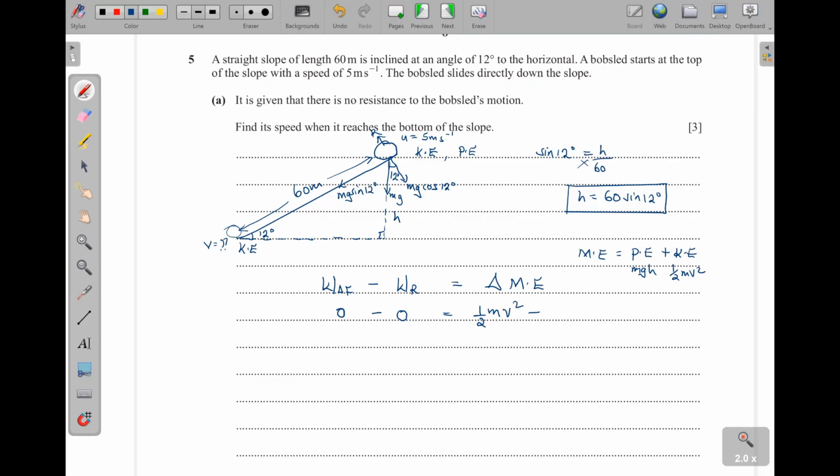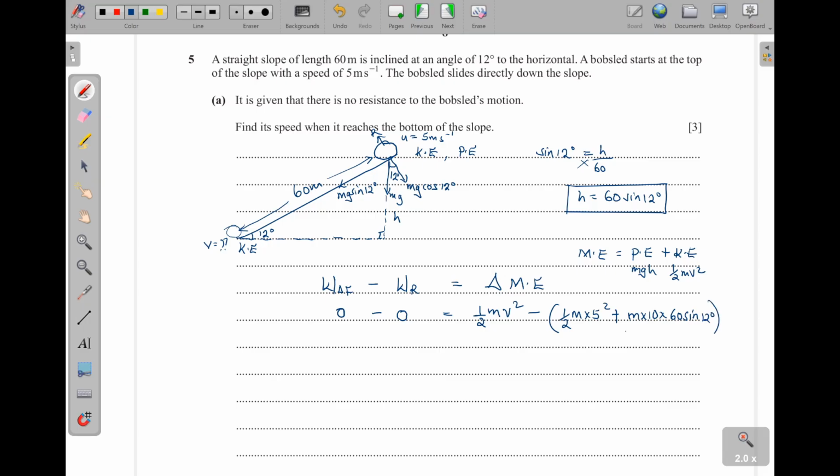Now the initial, we are having kinetic energy, which is a half m, and then the velocity here is 5 squared, then plus gravitational potential energy is mgh, so mg, and then h is 60 sine of 12.